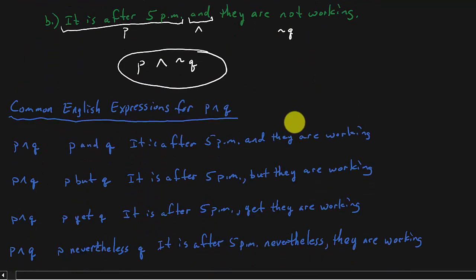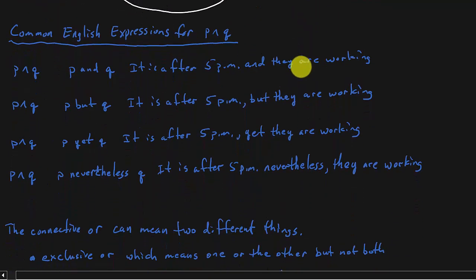All right, so we've got common English expressions for P and Q. What this is getting at is it's not always going to say, like in that previous example, this and this.